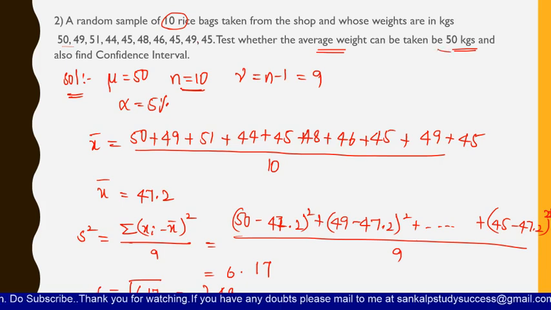What is the first step? Step 1 is the null hypothesis, denoted by h naught. It is mu equals mu naught. Mu naught value is 50, which is already given in this case. Now step 2 is the alternative hypothesis h1.